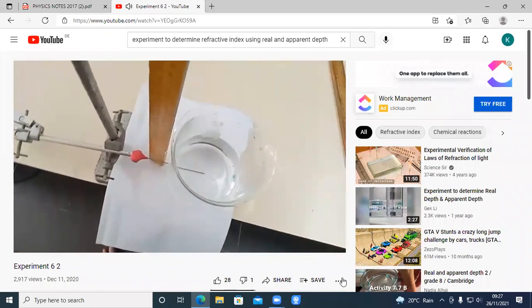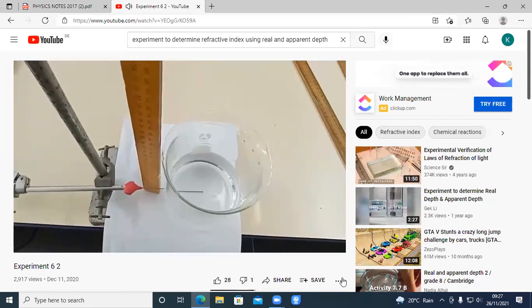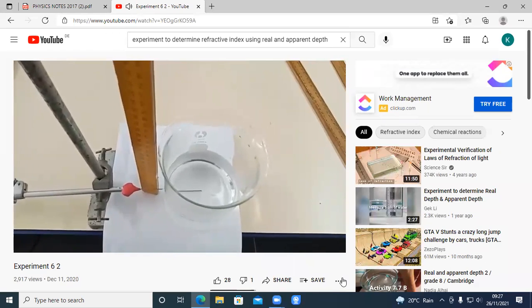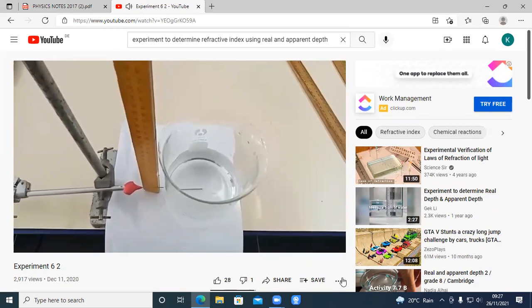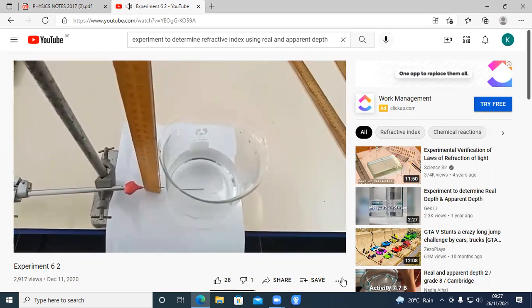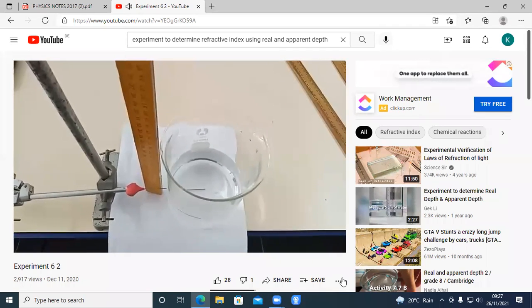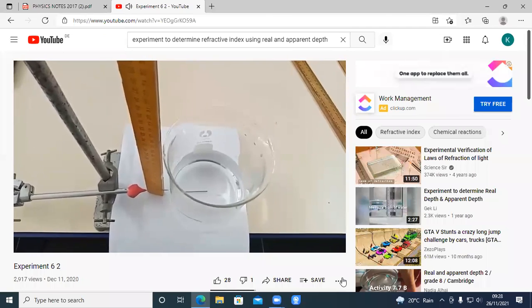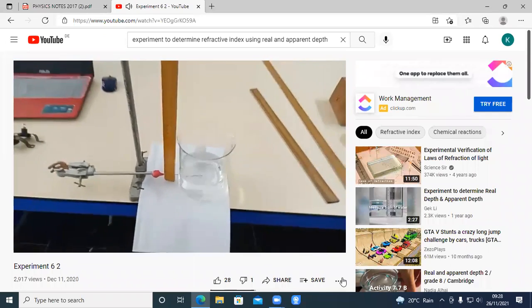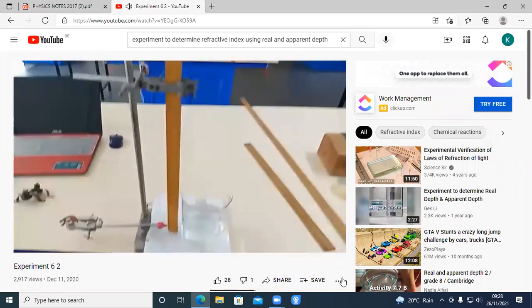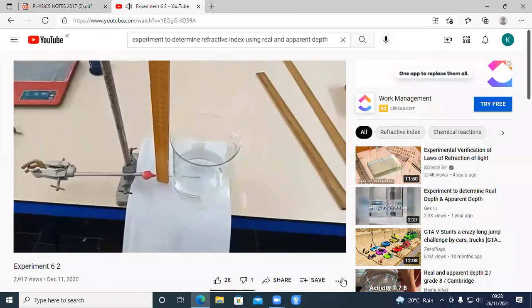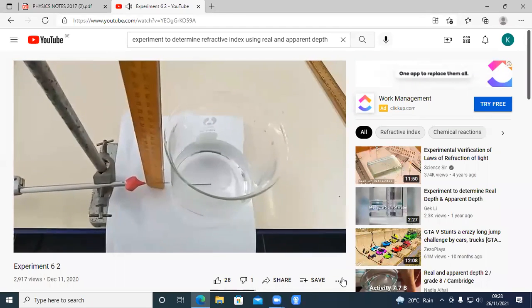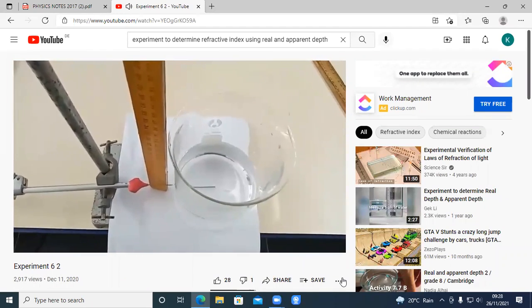But if you look from the side and start to change the angle, you see that they are not at the same level. This means the position of the needle outside the beaker is not the same as the image of the needle in the beaker. So we need to adjust the position of the needle outside the beaker so that it is at the same level as the image.